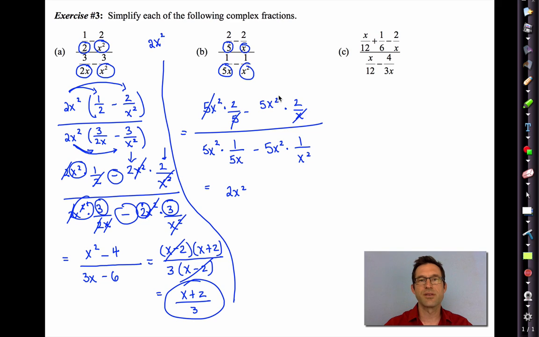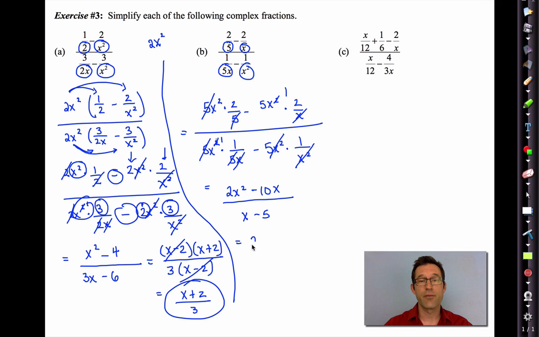Here, an x cancels an x, and I'm left with 2 times 5, which is 10, times x, which is, well, just x. Here, an x cancels an x, but I still have an x to the first, and a 5 cancels a 5, so I'm left with that x to the first. Here, x squared and x squared cancel, so I'm left with x minus 5. That's gotten rid of my complex fraction. The only real question then is, can we simplify it further?